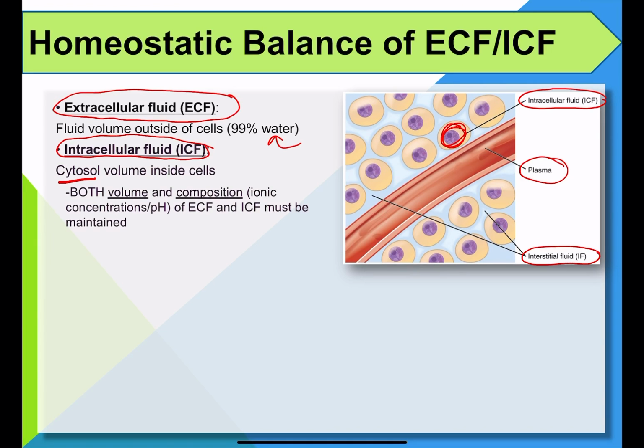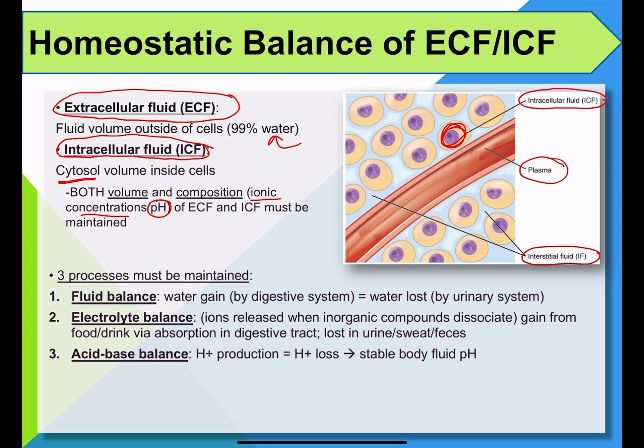Now, both fluid volume and electrolyte composition of ECF and ICF must maintain homeostasis. Whether it be ionic concentrations or pH, they must be maintained within a very tight, narrow range.